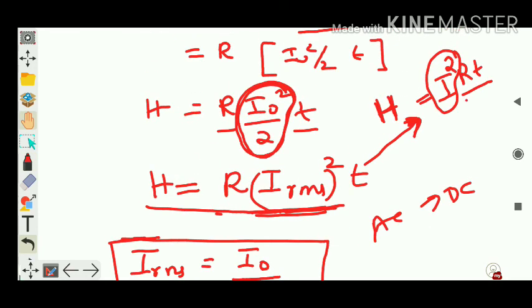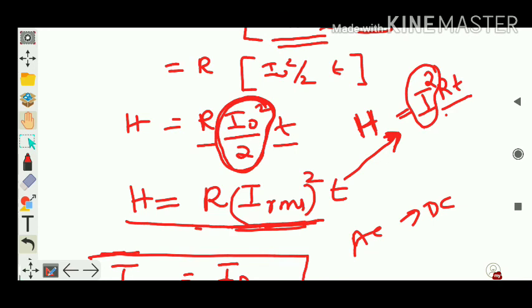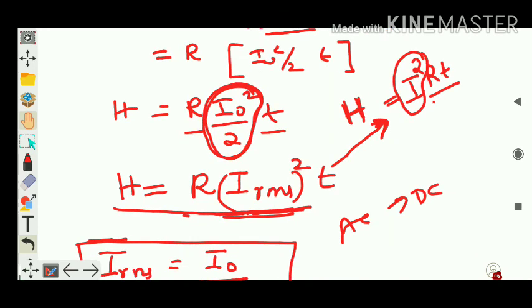In DC, the heat is always written by the formula H is equal to I squared RT.